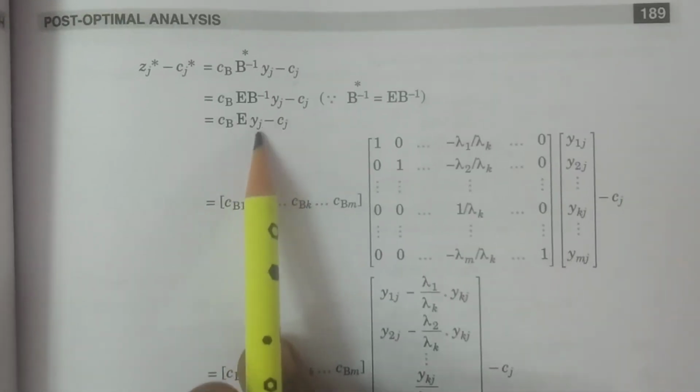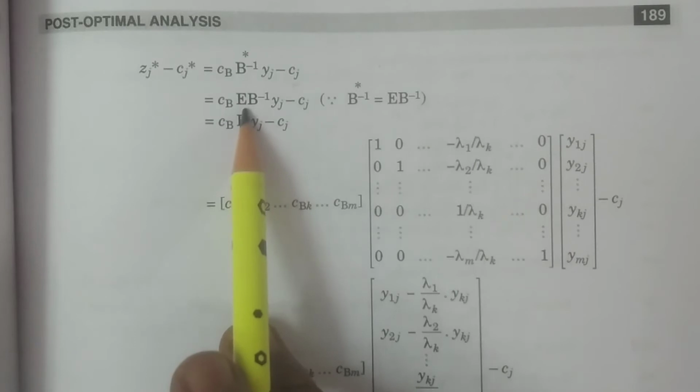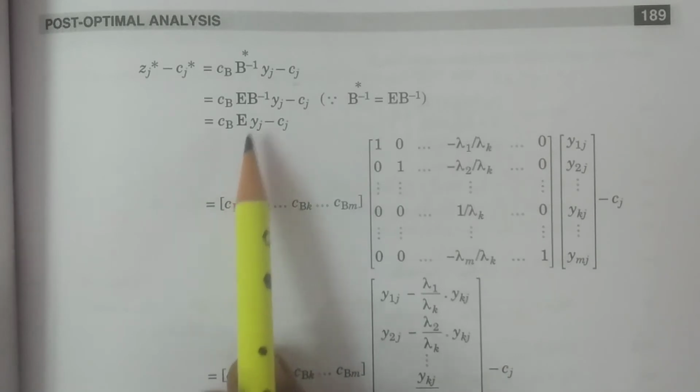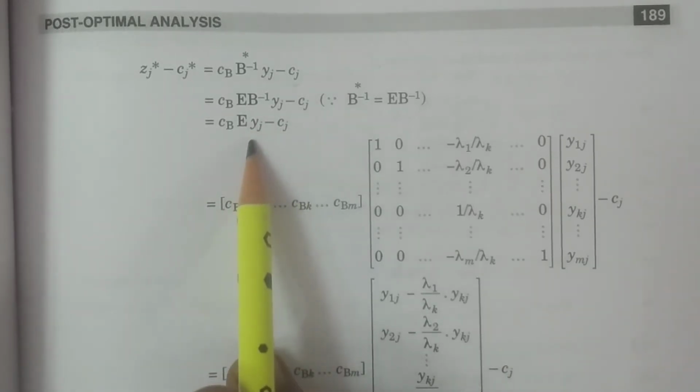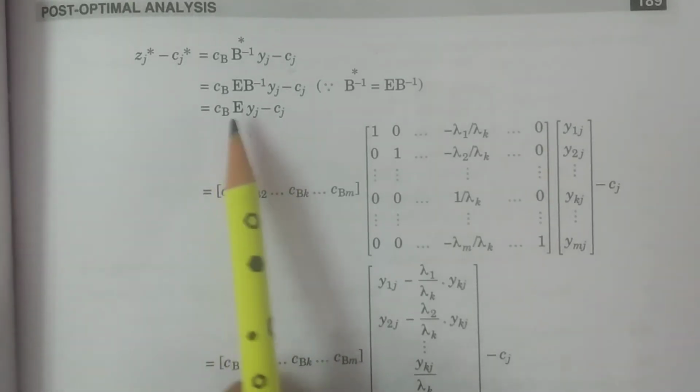In this particular case, B star inverse is, as I have already explained, EB inverse. We have substituted that, multiplied by Yj minus Cj. Now B inverse Yj is nothing but the value obtained on Yj in a particular column vector, right? Now what is CB?